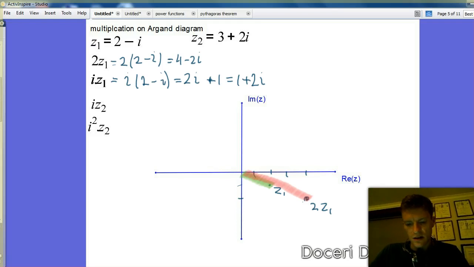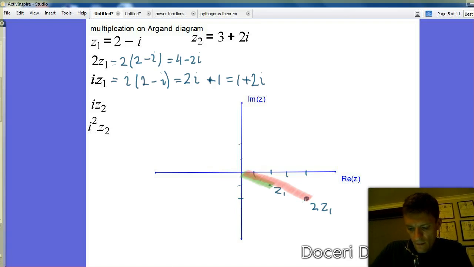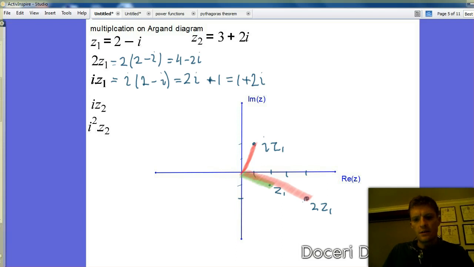Now let's plot iz1. Okay, there it is. So this line here is iz1 as the complex number on the Argand diagram.